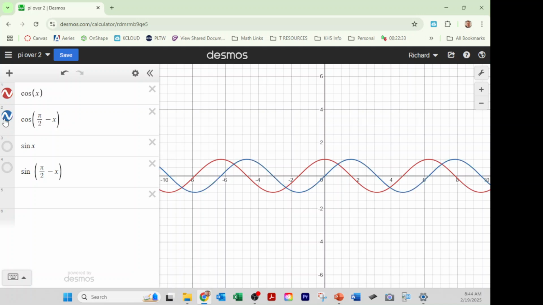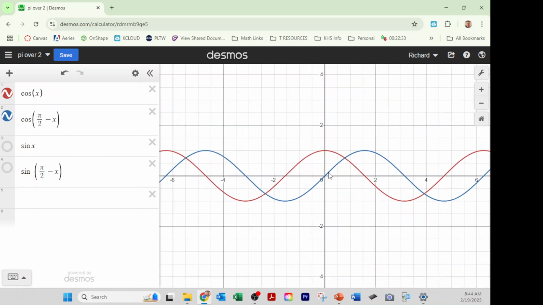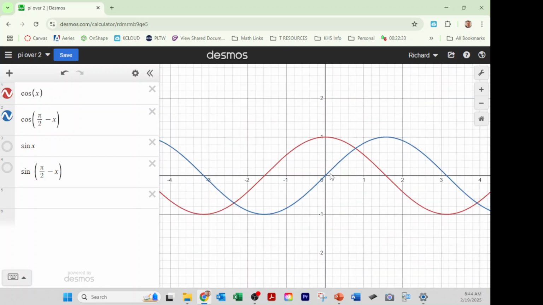The blue is now the pi over 2 minus x function, okay? I'm going to go ahead and hide that red. So this is my new function, cosine x shifted to the right by pi over 2.